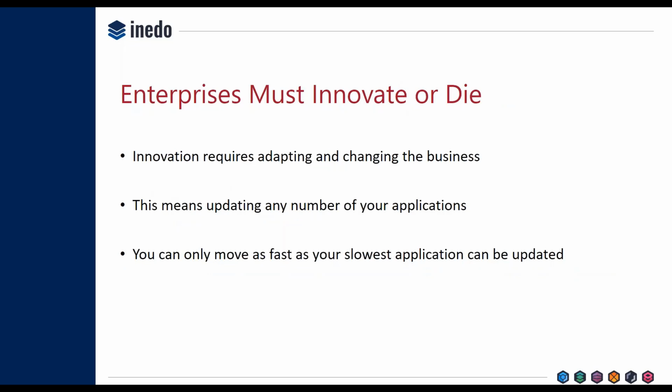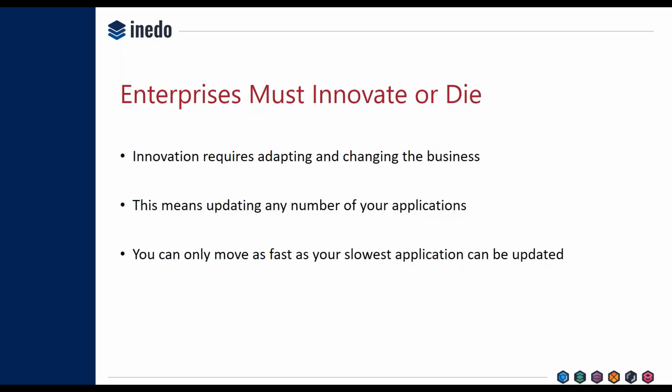So, the next obvious phrase is innovate or die, but that's the phrase we all hear, and it's cliche, but what that means is these businesses have to adapt and change their business model and the business processes, which means updating lots and lots of these different applications. It could be just one simple change to a piece of software and a ton of marketing changes, or it could be a fundamental transformation of half of the applications in the organization.